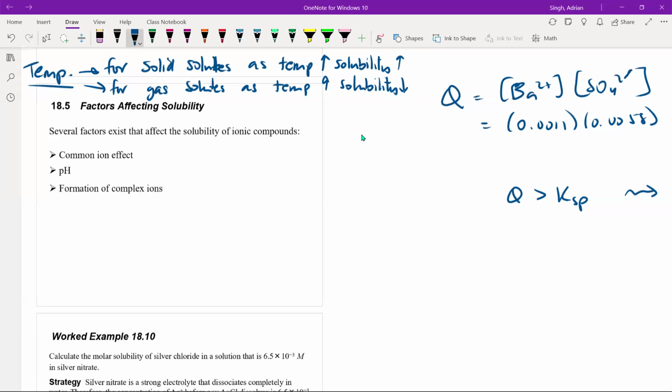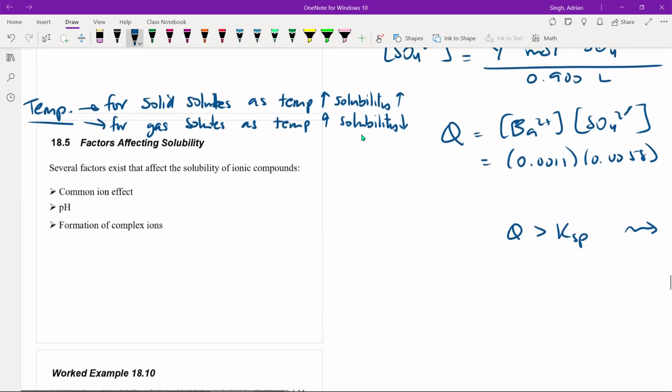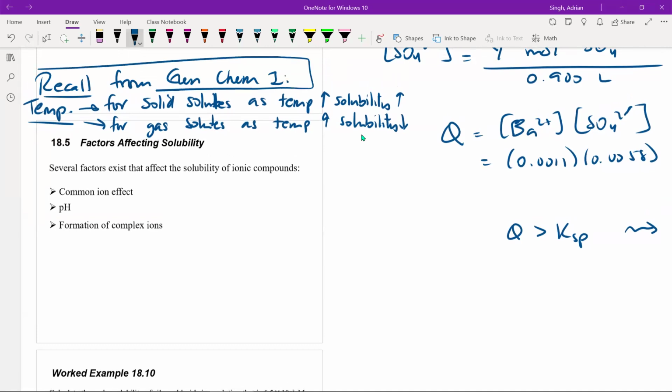These are actually things we talked about in General Chemistry 1. But these are factors that do affect solubility, so I still need to remind you of these here. So recall from Gen Chem 1.